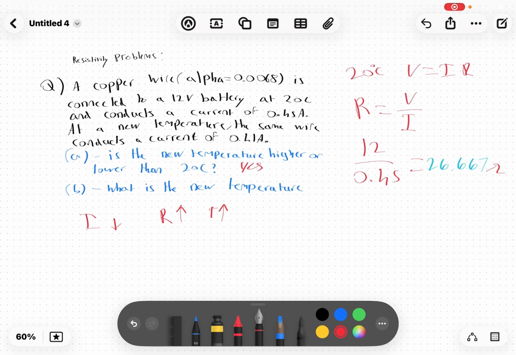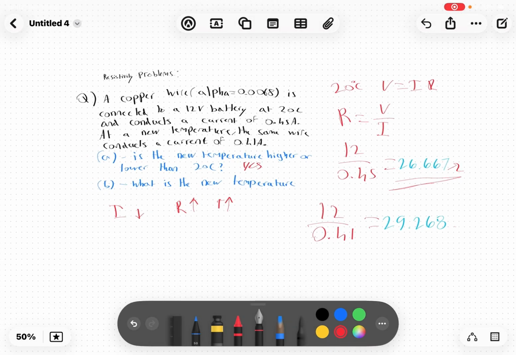And the reason we're looking for resistance is that it's basically linked to temperature, because if it increases or decreases, something happens to resistance. So now for the new one, the voltage is the same, we have 0.41 as the current for it, and the answer for the new one is 29 ohms.